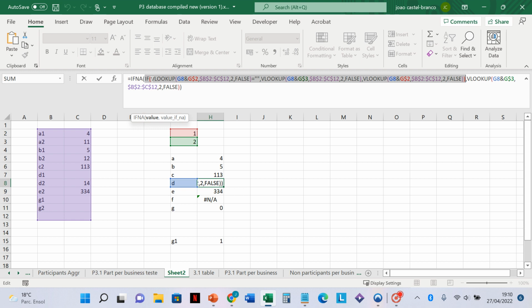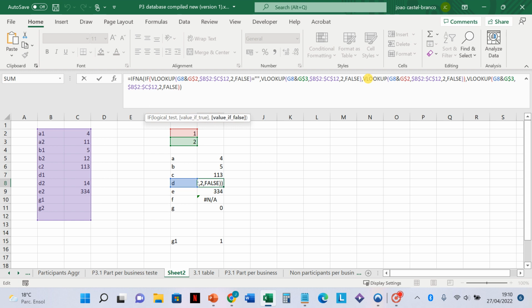And this one is very simple. If the value of the first month, the first option month, which is this one, is equal to blank, please take the second month. So value if it's true, take the second month, second option, which is the fifth month in our real case.